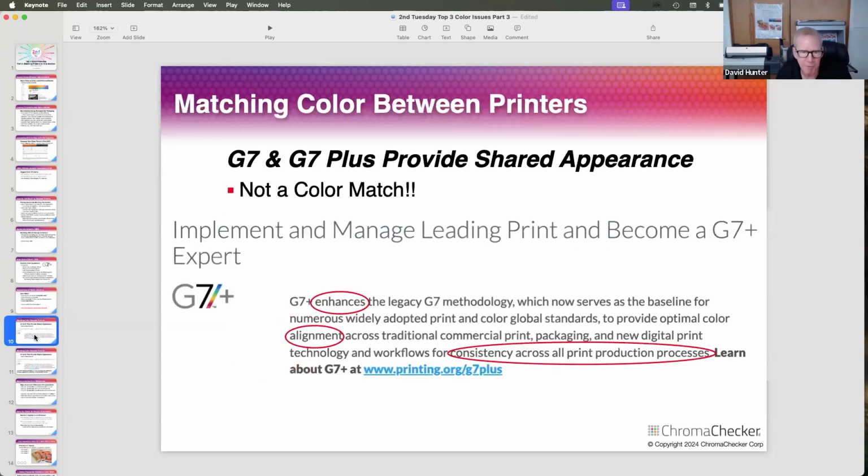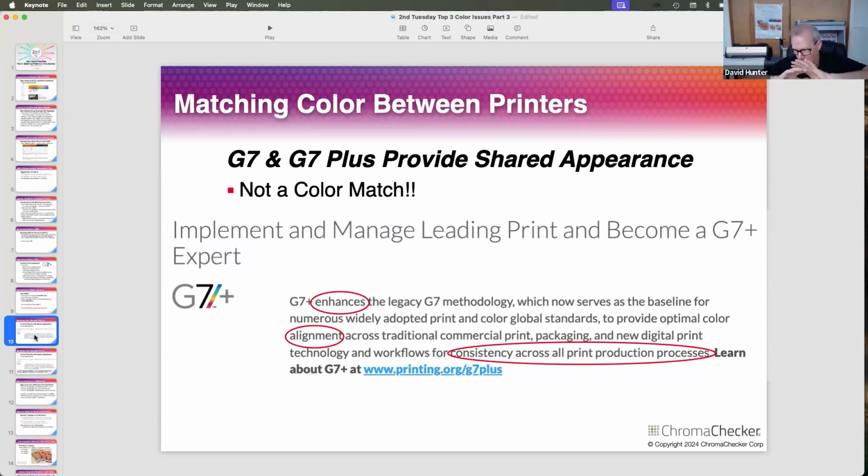Now, I pulled this off of some marketing information from ID Alliance, hyping up G7 Plus. And again, G7 and G7 Plus provides a shared visual appearance, not a color match. But if you read this blurb, you might be led to believe something else. G7 enhances the legacy of G7 methodology, which serves as a baseline for numerous global standards, and it's been great.